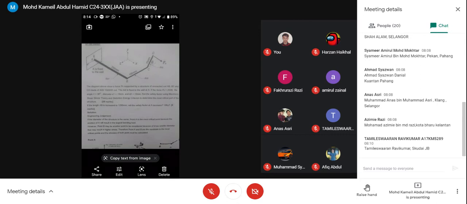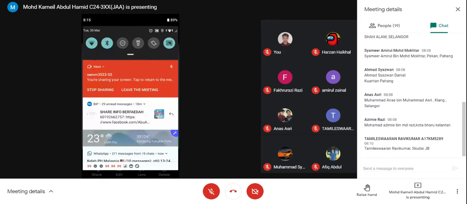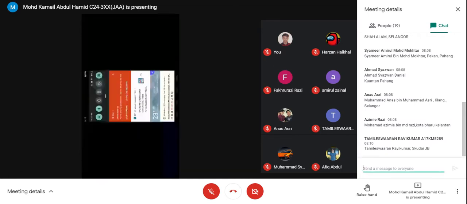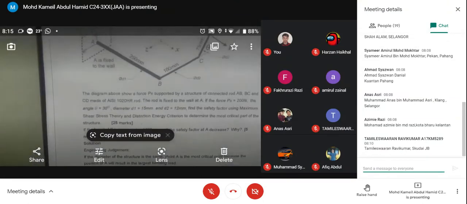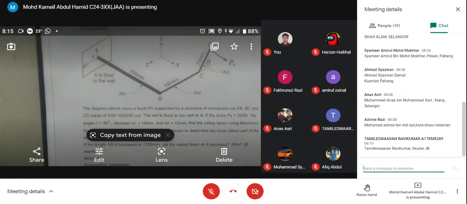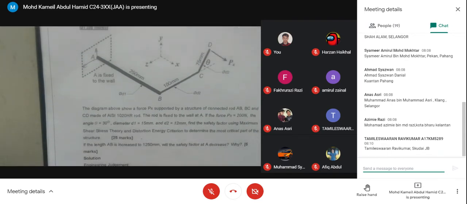Okay, so this is the structure. The diagram of the above PX supported by a structure of connected rods AB, BC and CD. Normally they will also give you the information about the material.